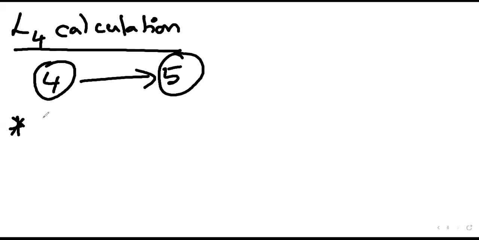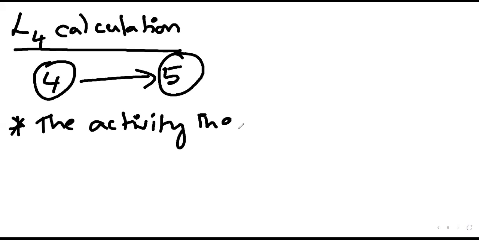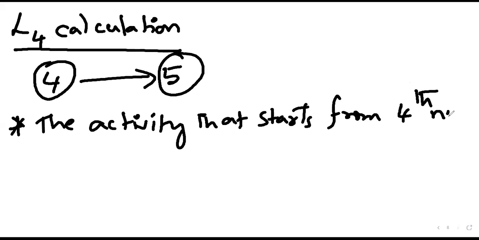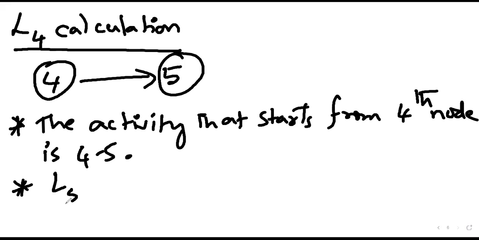The activity that starts from the fourth node is 4-5. We know L5 is 33.